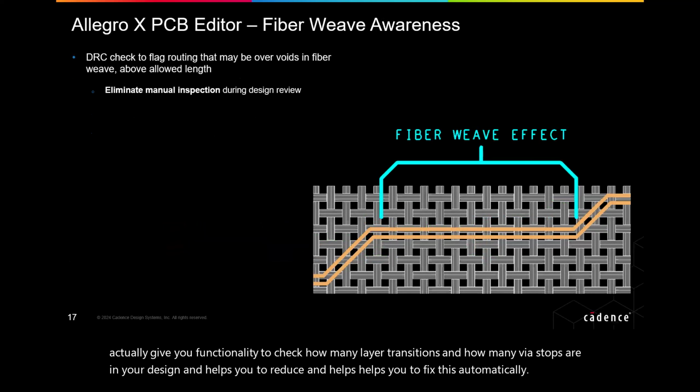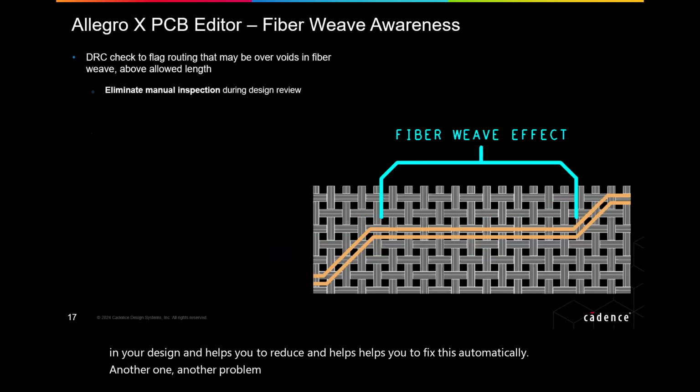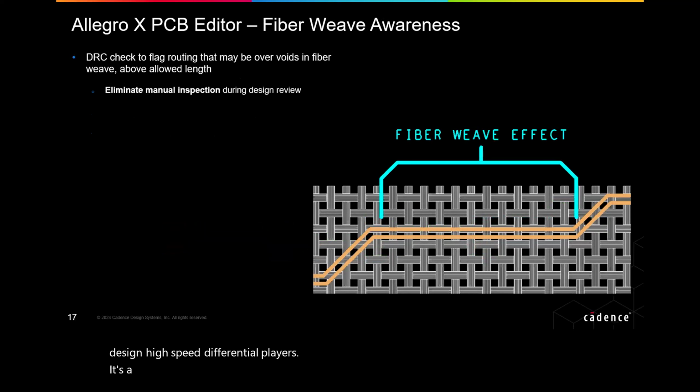Another problem which could occur when you have high-speed traces on your design, high-speed differential pairs, is the fiber weave effect. When your trace goes a long time over the glass or over the resin, in this case the trace could change its impedance dramatically.